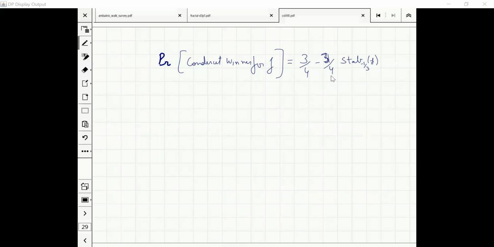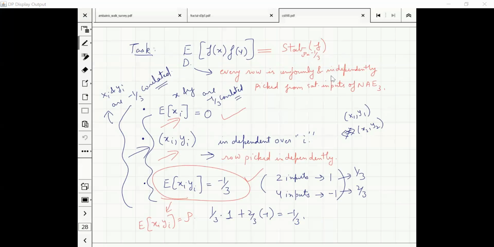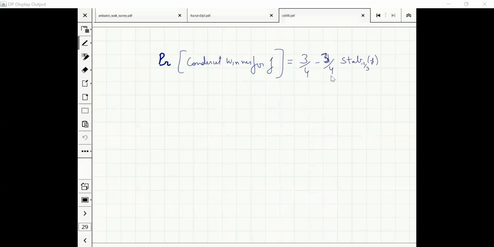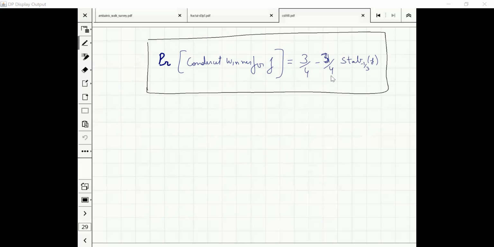You have to calculate it, right? But now this you see, from 1, there were 3 terms. Each of the terms is the stability -1/3 of f. I just combine them, and this gives me this value.